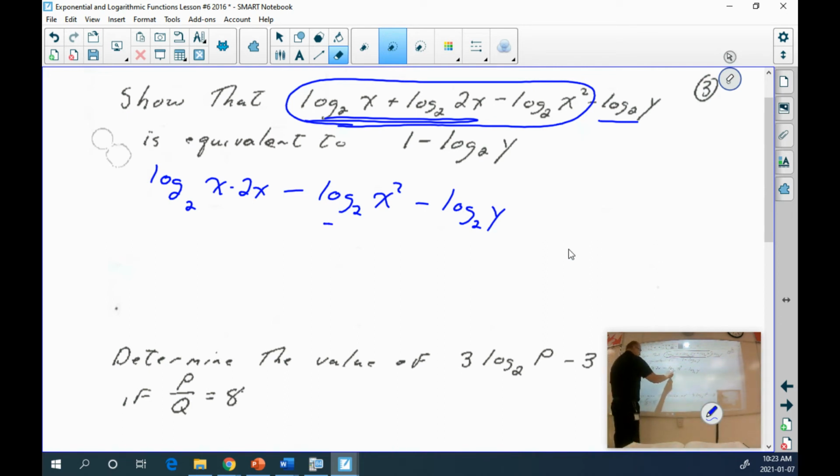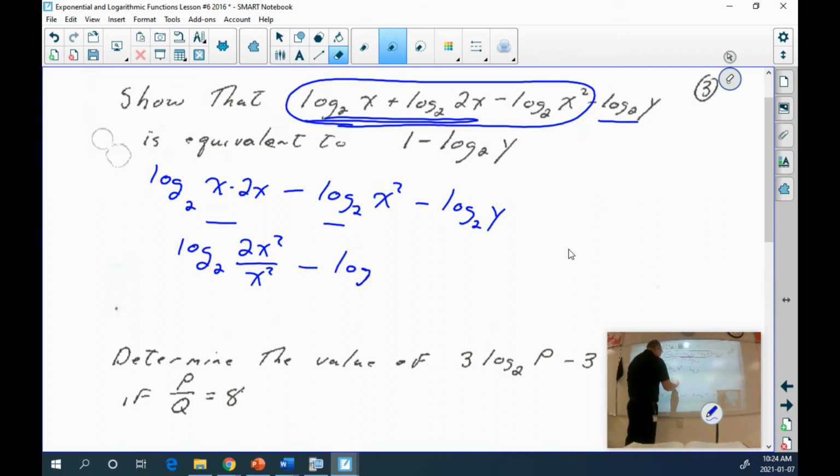Okay, now I have the difference of two logarithms. So the difference of two logarithms can be reduced to the logarithm of the quotient of the arguments. I'll keep this guy coming along for the ride. Now, the x squares are going to cancel out by our basic understanding of exponents.